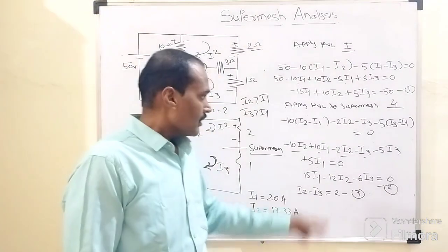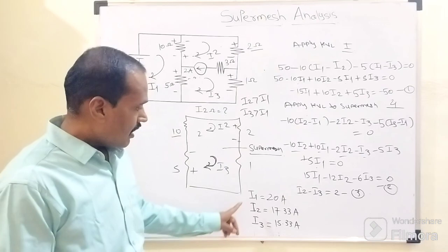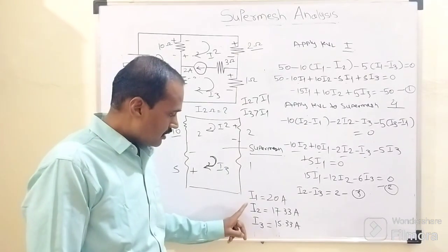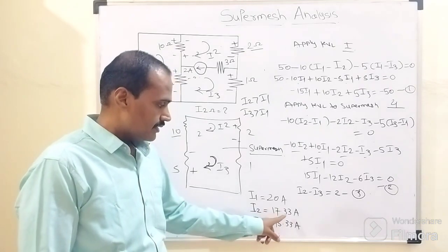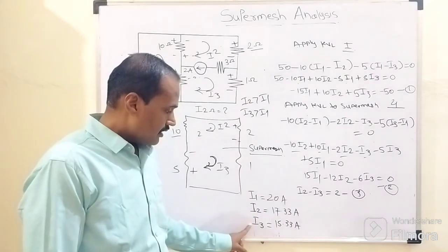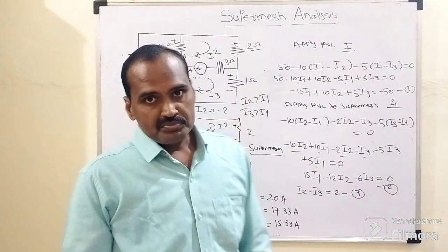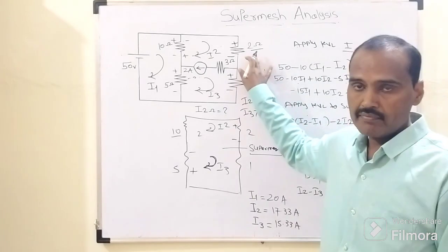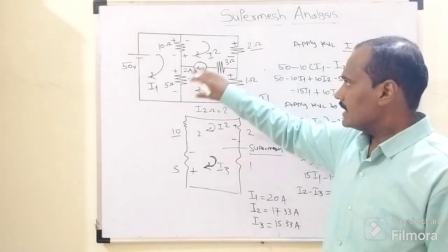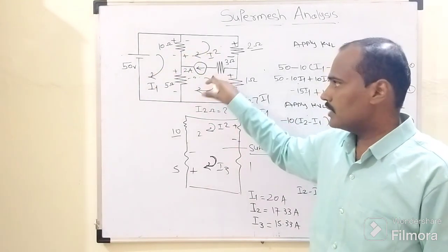Okay friends, so after solving these three equations with the help of this scientific calculator, I1 equals 20 ampere, I2 equals approximately 17.33 ampere, and I3 equals 15.33 ampere. Our objective was to determine the current flowing through this 2 ohm resistor. As there are three meshes, there are three mesh currents, I1, I2 and I3.